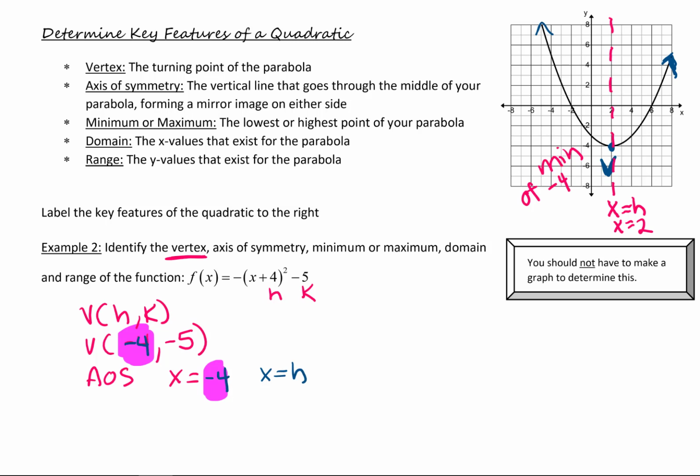Since there is a reflection, because we have a negative, that means it's opening down. So we have a maximum, and we have a maximum at -5, which is the y value of the vertex.